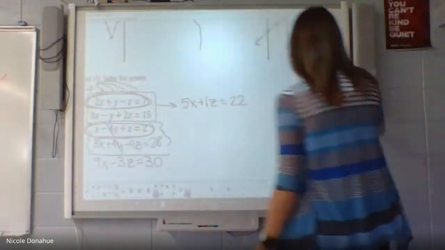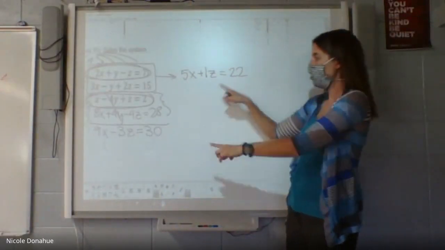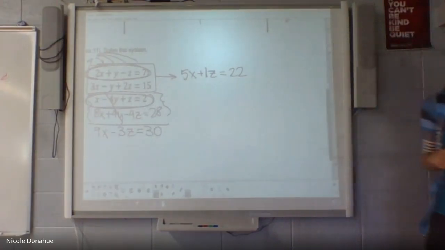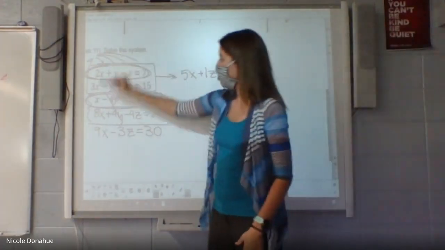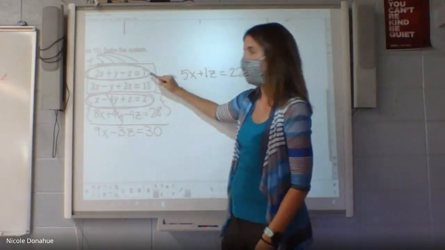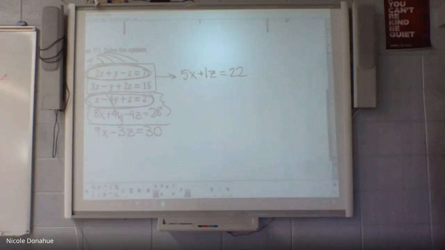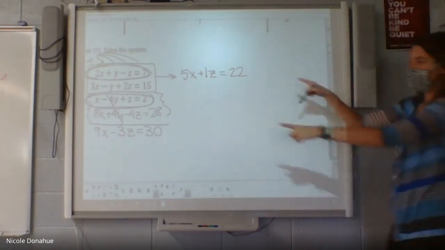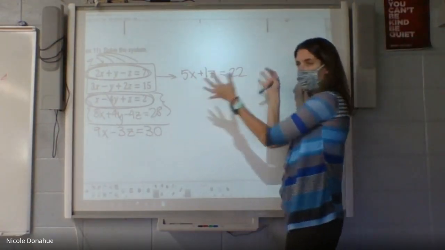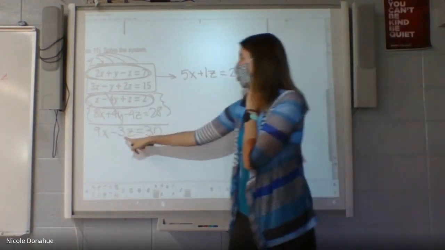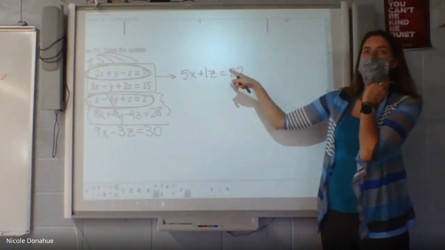So now I have two equations with two unknowns, which is what I want. So I have two unknowns here, x and z. So again, this line came from multiplying this one by 4. Is everyone okay with that? All right, so now I have these two. I want to combine them now. So I have 9x and 5x, that's no good. Negative 3z and 1z. There you go.